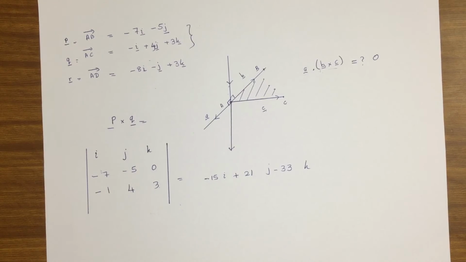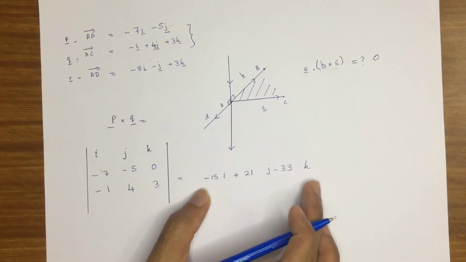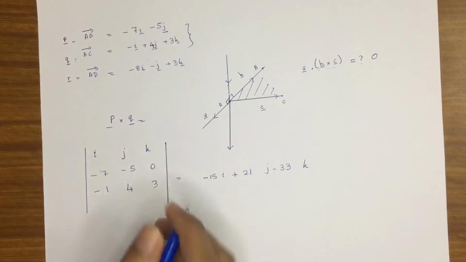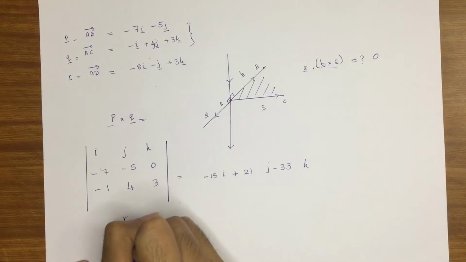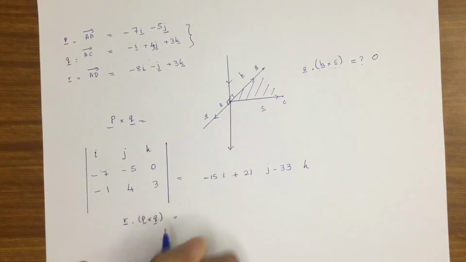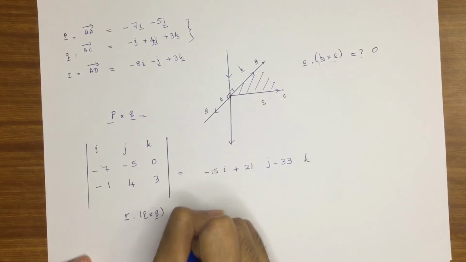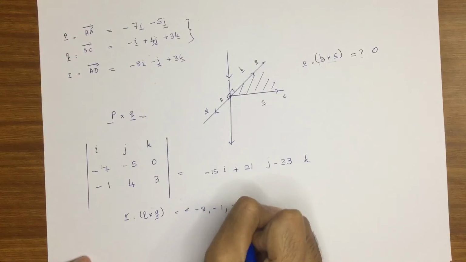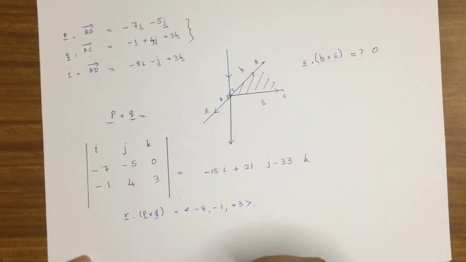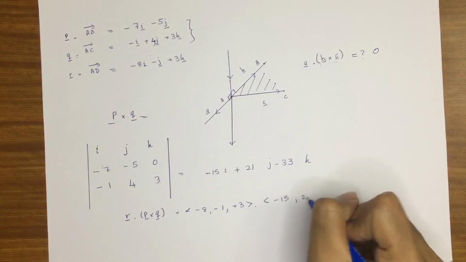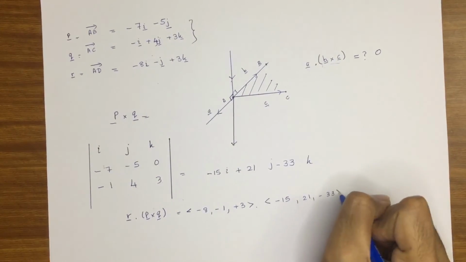In the next part, this is the resultant vector, so we are going to take the dot product with another vector, the r vector. So I'm going to write it like this: r dot p cross q. Directly, minus 8, minus 1, plus 3 dot minus 15, 21, minus 33.